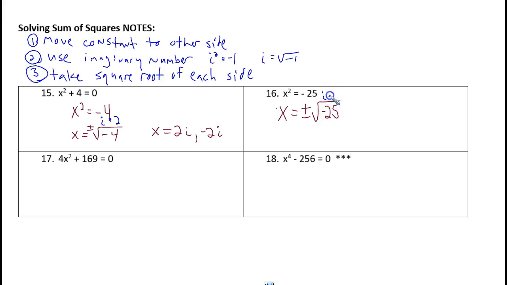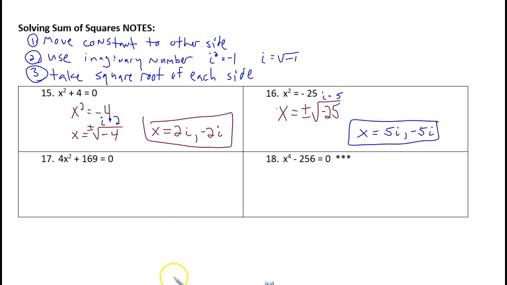What is the square root of 25? 5. So we get i times 5, which we write as 5i. It's both positive 5i and negative 5i. Remember, we said that these quadratics always have two roots, so we want to list out both roots and make sure that the teacher, which is me, realizes that you have two roots.